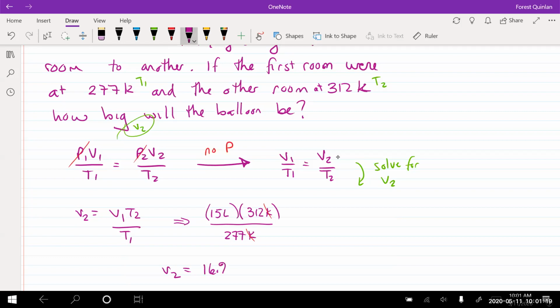Yeah, 16.9, 17, it's all good. 16.9 liters is totally fine. I'm not going to be worried so much about sig figs, especially because you'll have an answer there. This is more about, can you do the job versus can you get sig figs?